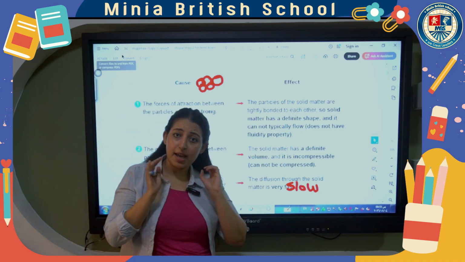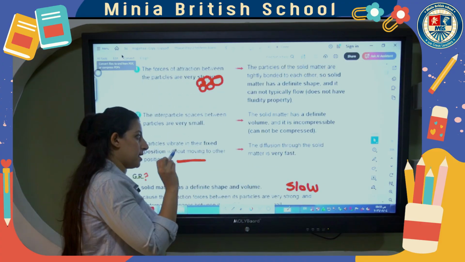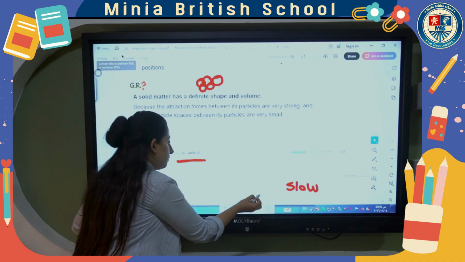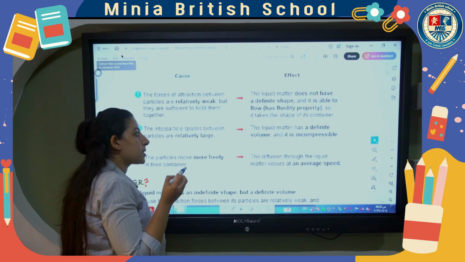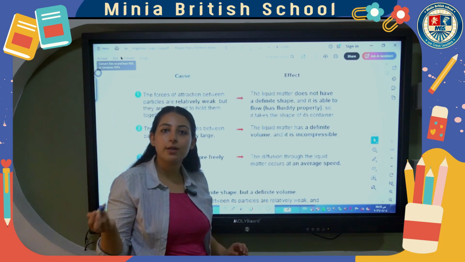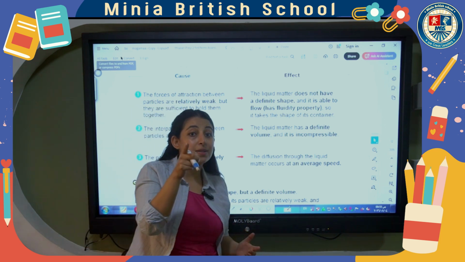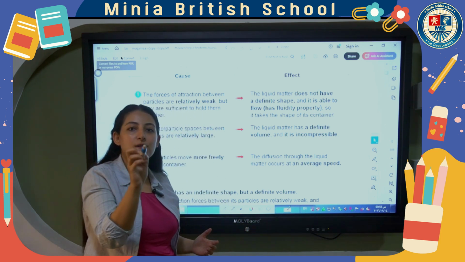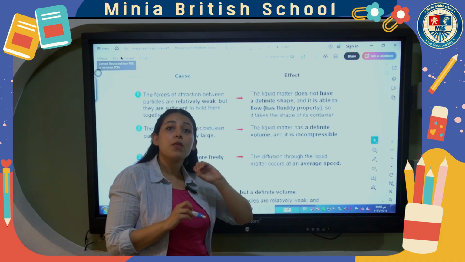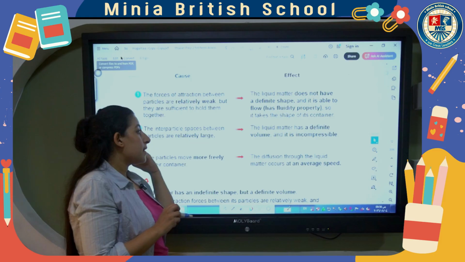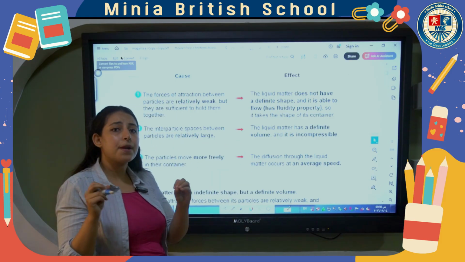The same questions I have to ask about liquids. You have to answer in the same way. When I ask you about the fluidity of liquids, why are liquids fluids? They have the fluidity property. They take the shape of their container. The answer must be the attraction force between its particles, which is relatively weak. Okay, when I talk about the compressibility, give reason: liquids are incompressible.